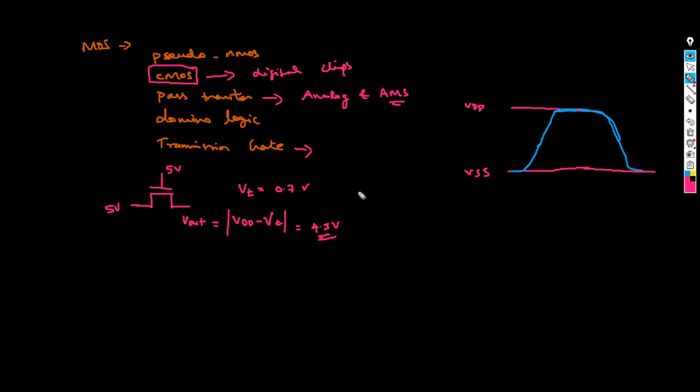But if you use this transistor, what will happen to your logic 1? The logic 1 will stop at this level, 4.3. It is not going to reach exactly 5 volt. So this is something we don't prefer, PMOS transistors in our digital chips.